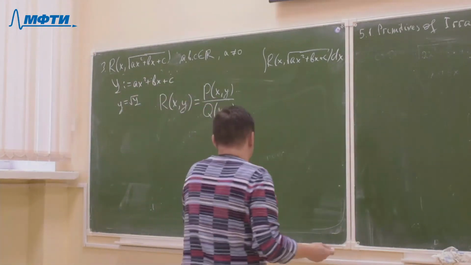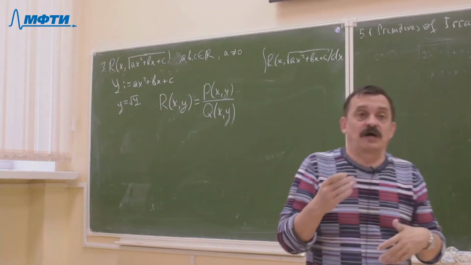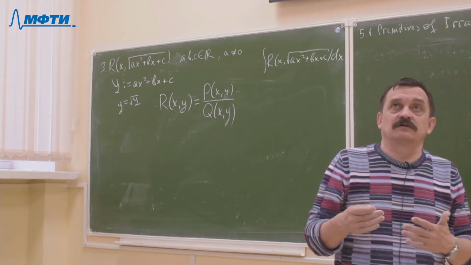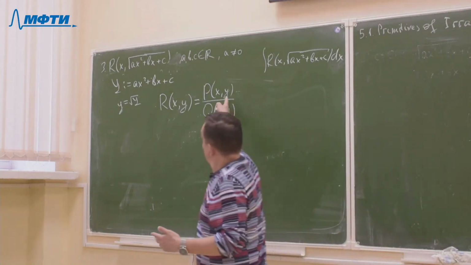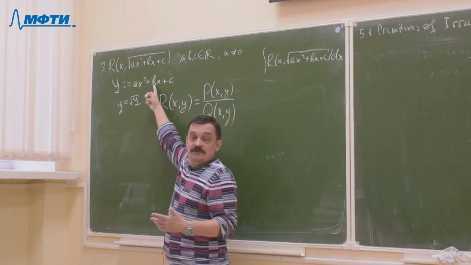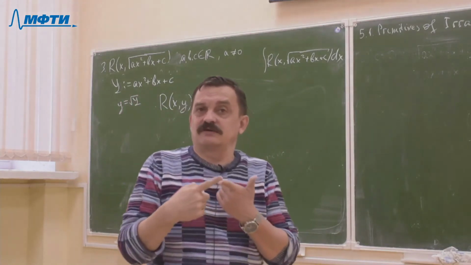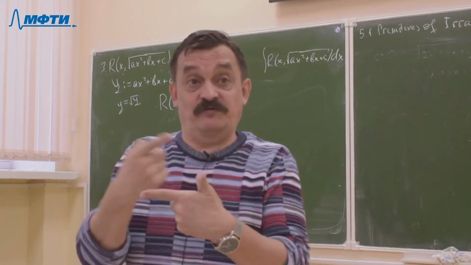Now imagine you have different powers of x and y, right? Once you get y squared, what is y squared? Y squared is this one, right? So once you have y squared, you can express it as a polynomial of x.